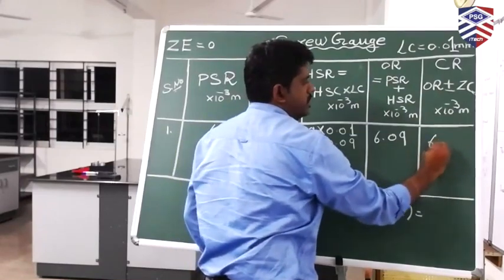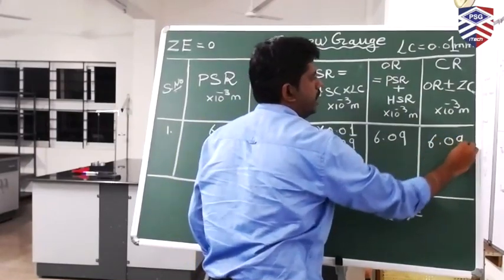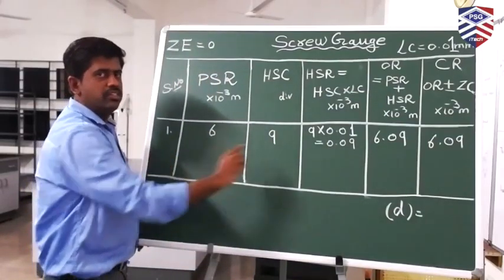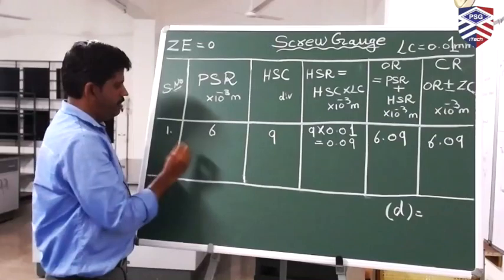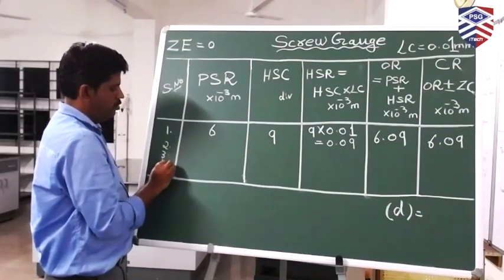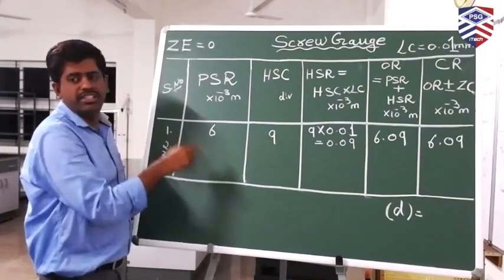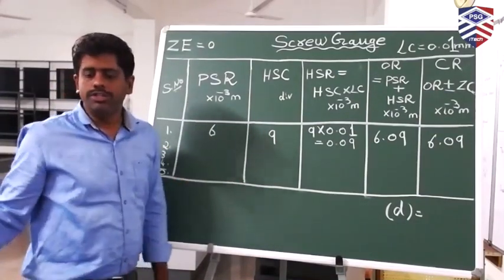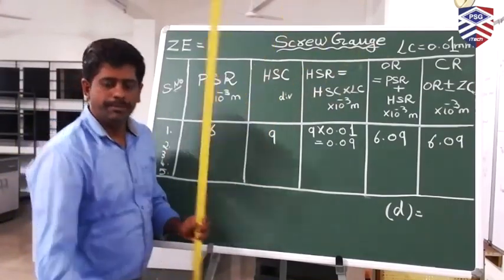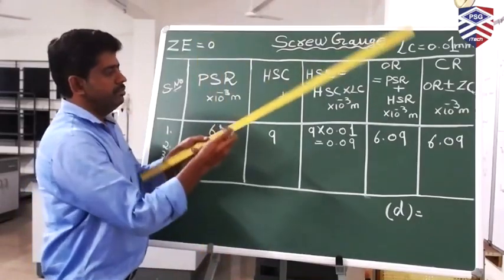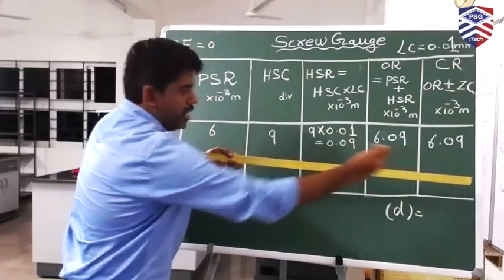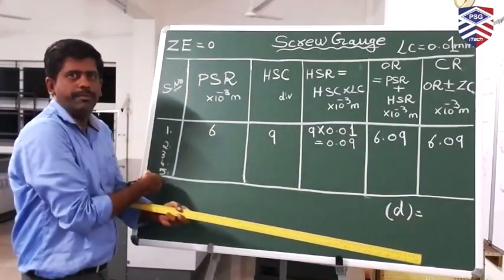So 6.09 is the final reading of the thickness of the beam. Likewise, we are supposed to take 2, 3, 4, 5 different sets of readings. All those 5 different sets of readings for a 1 meter scale, we will be keeping at 5 different positions and we will record that.